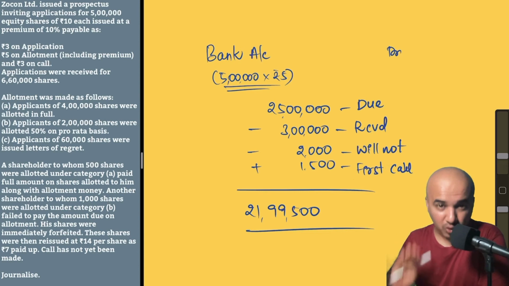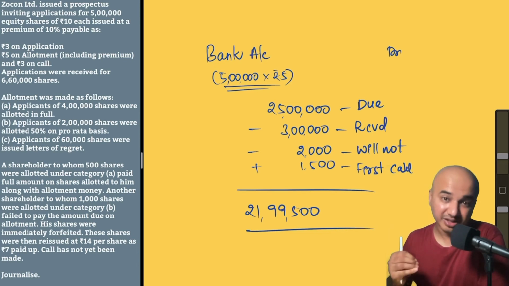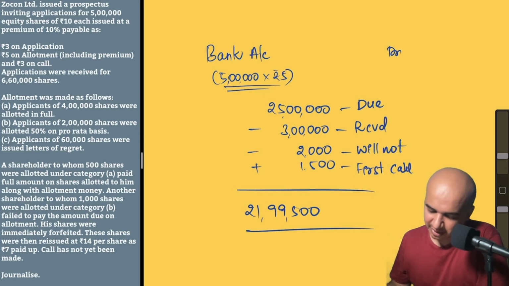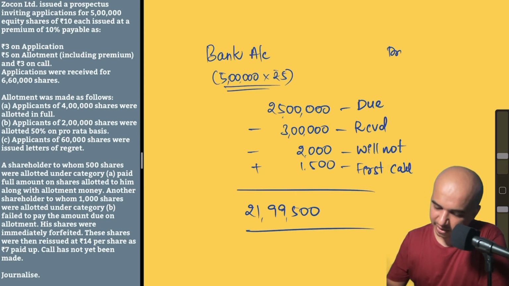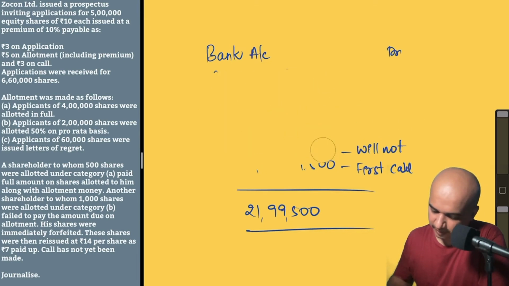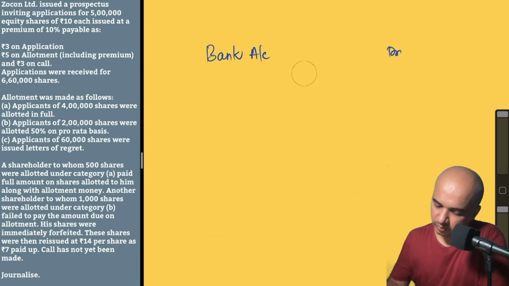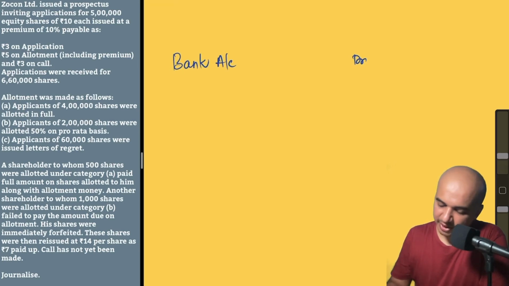May not be only related to allotment, but in total we have received this much during this stage. So that is the thing. Now we have to pass the entry. Let me just erase all this. Bank account debit 21 lakhs 99,500.